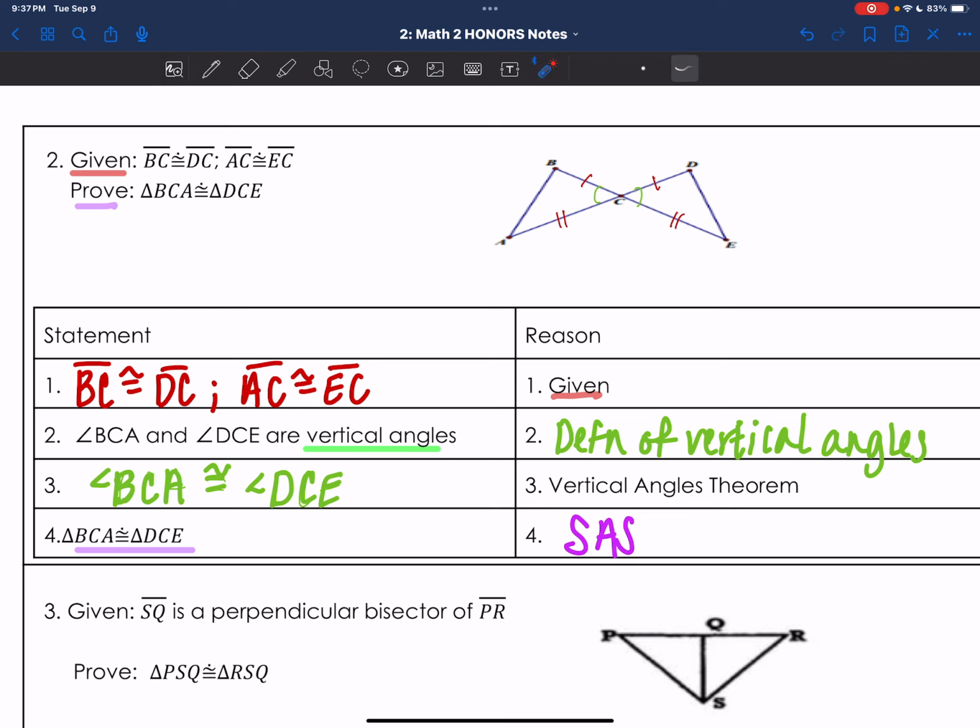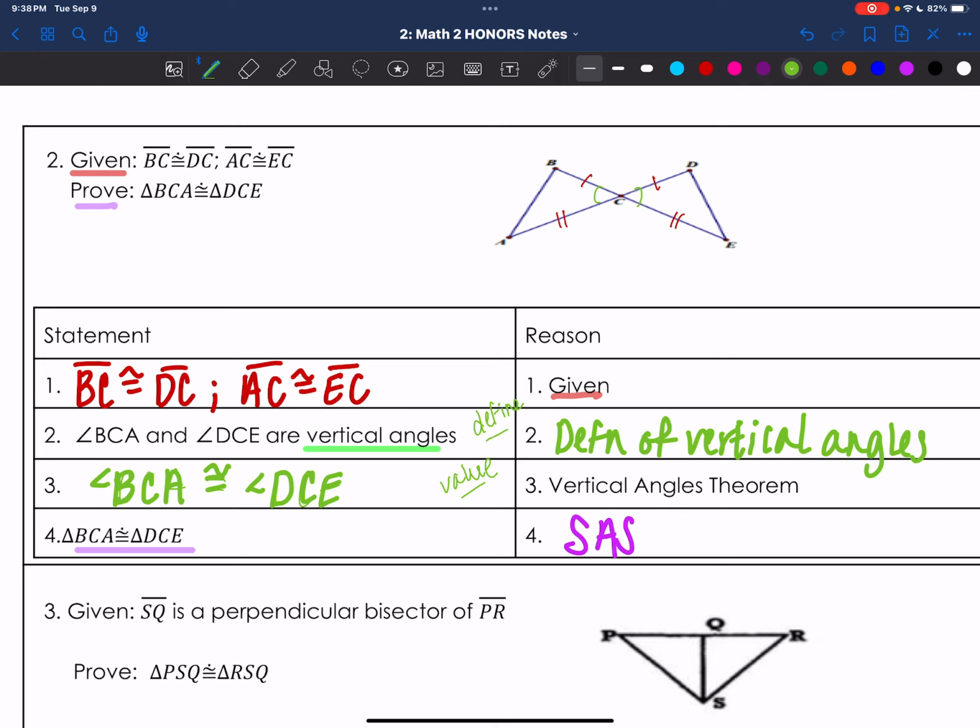Now that we know the definition of a vertical angle, we can label them and say BCA is congruent to DCE. So first we defined, and then now we give value. So this is your define, and this is your value. All right, so make sure you do that.